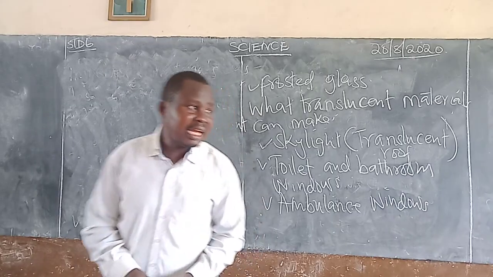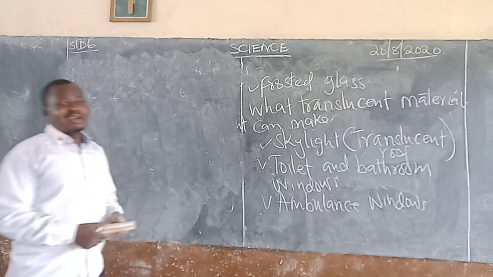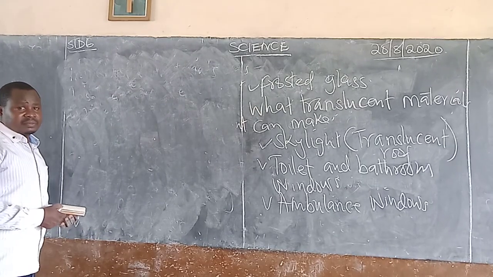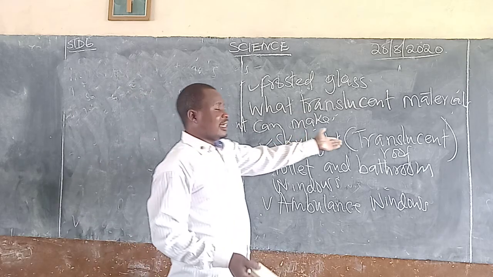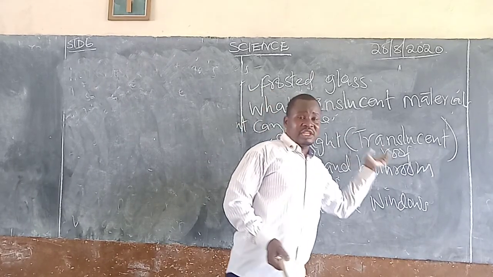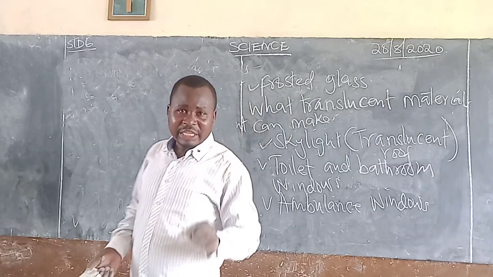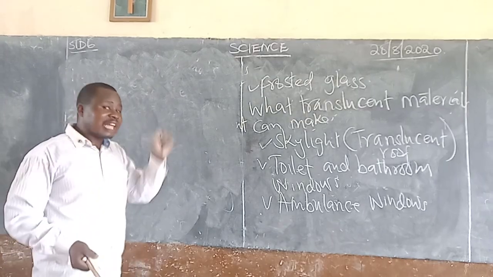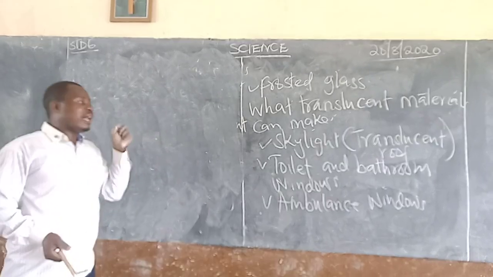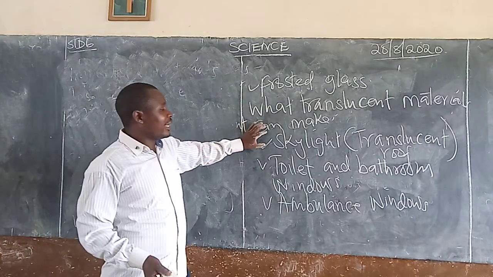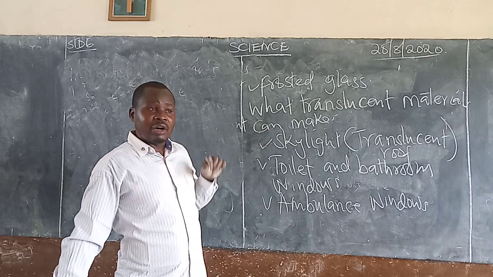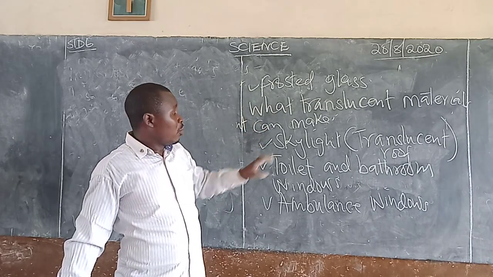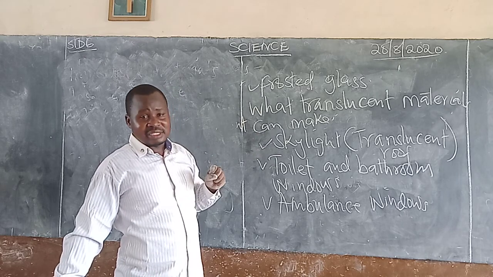How do you explain that? We realize skylight is under translucent materials, and translucent materials only allow some light to pass through. So we cannot use transparent material here. Why? Because too much light will be in the room. Now we need just some light, not too much light.